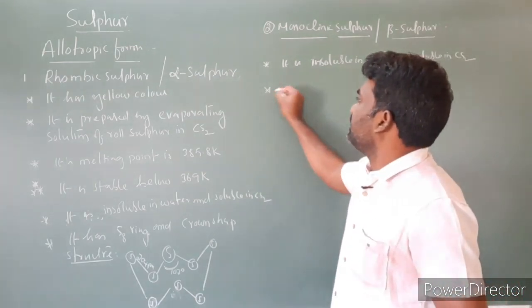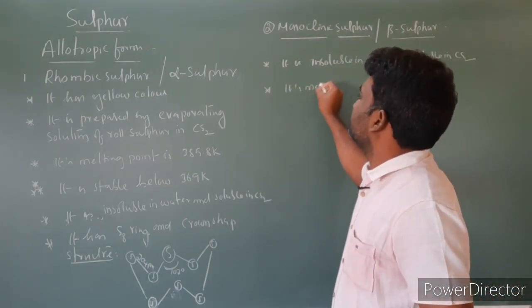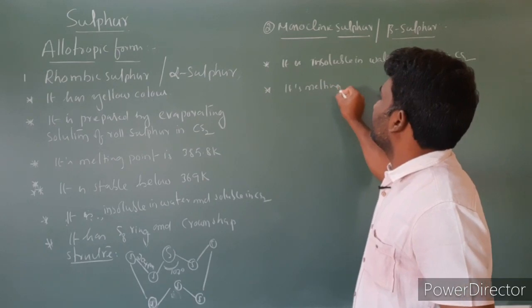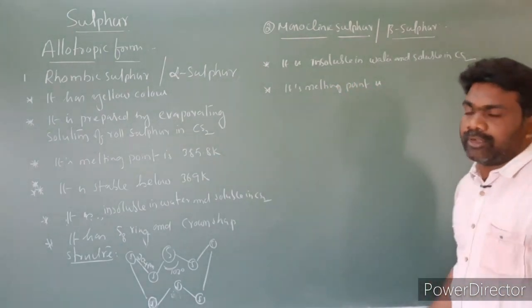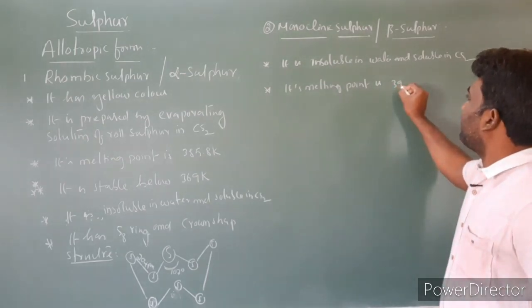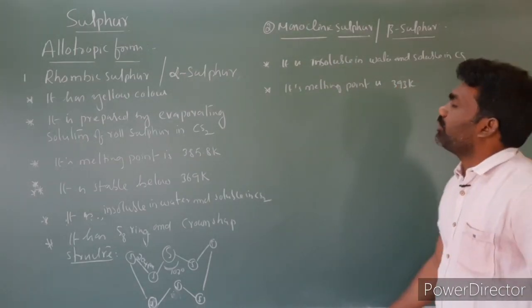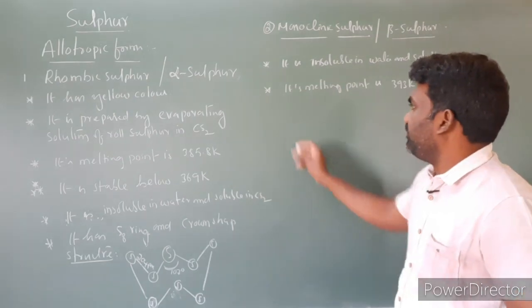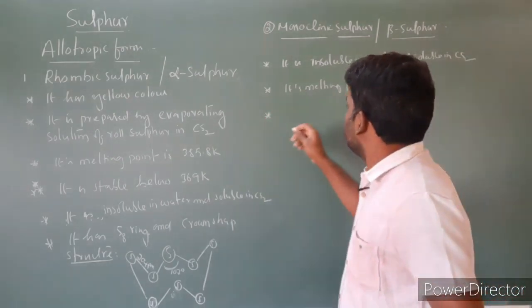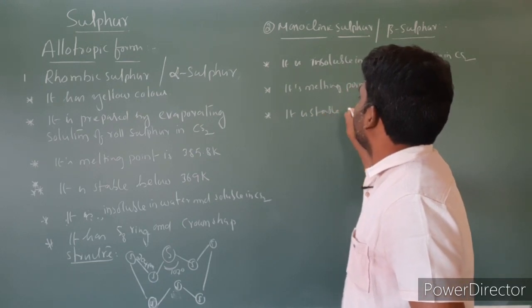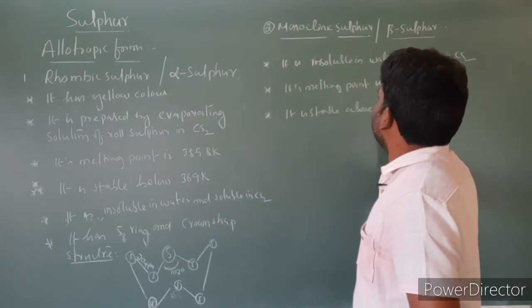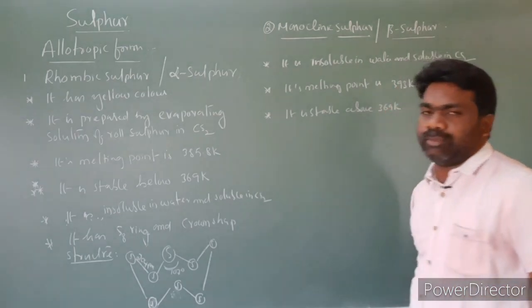The next point is its melting point. The melting point of monoclinic sulfur is 393 Kelvin. And another important point is that it is stable above 369 Kelvin. Very, very important point.